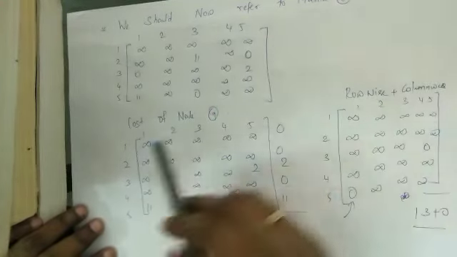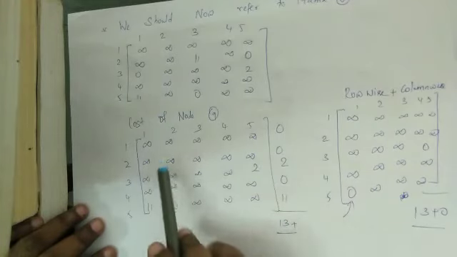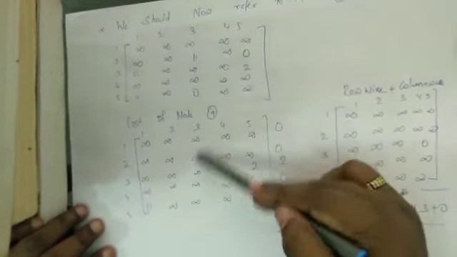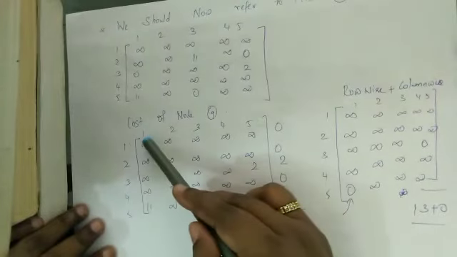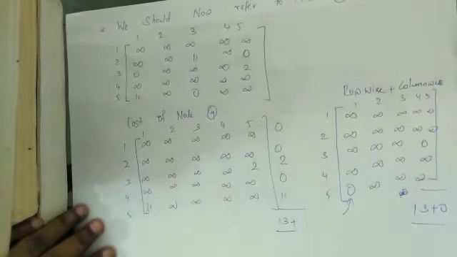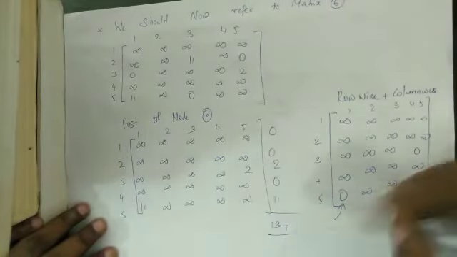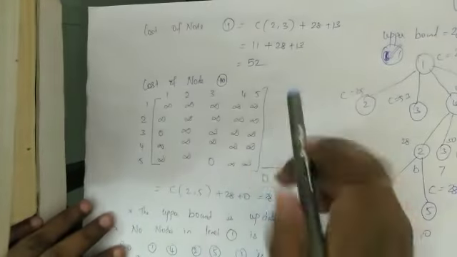Here we have made the second row infinity, the third column infinity, and 3 to 1 is also marked as infinity, remember. We reduce that column wise, and we get 13.